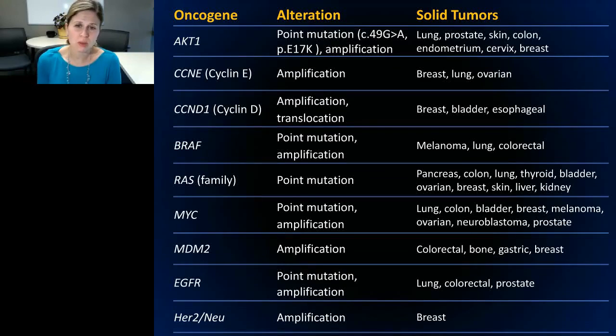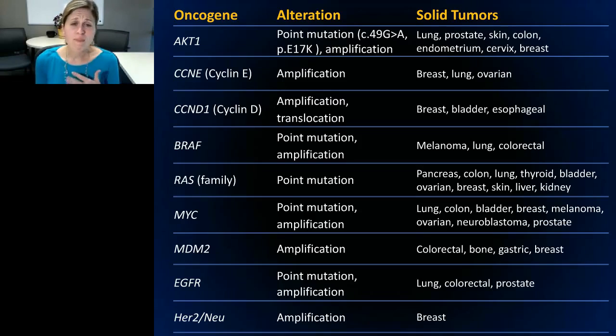Likewise, with solid tumors, there are many different kinds of changes that can occur. But usually it is some kind of point mutation or an amplification, less likely translocations, although they do happen. Mostly we see an increased production of a particular gene sequence being transcribed into RNA and translated into protein, or a point mutation which changes the effect of one particular gene.